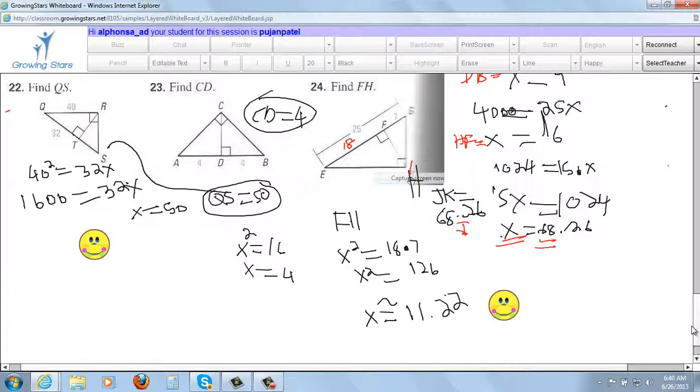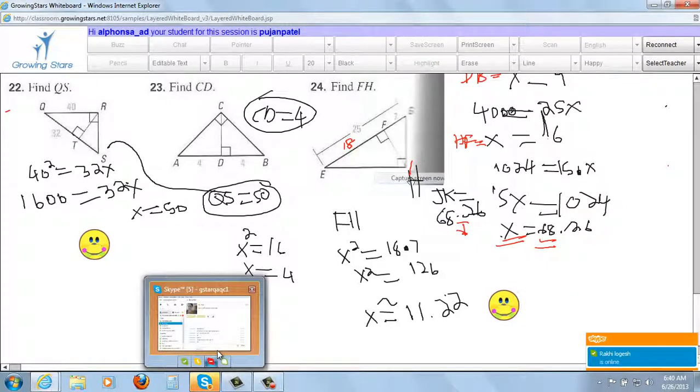The one I want you to do from this chapter is called Pythagorean theorem. I wrote it right on top, scroll up. That's the one based on this lesson.